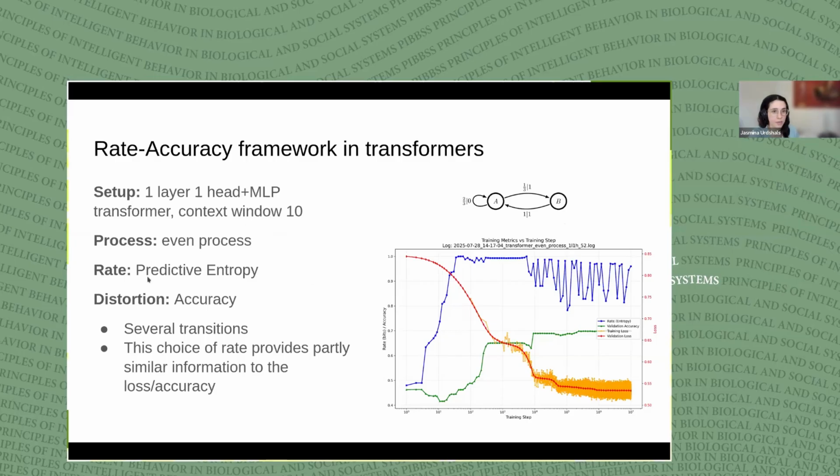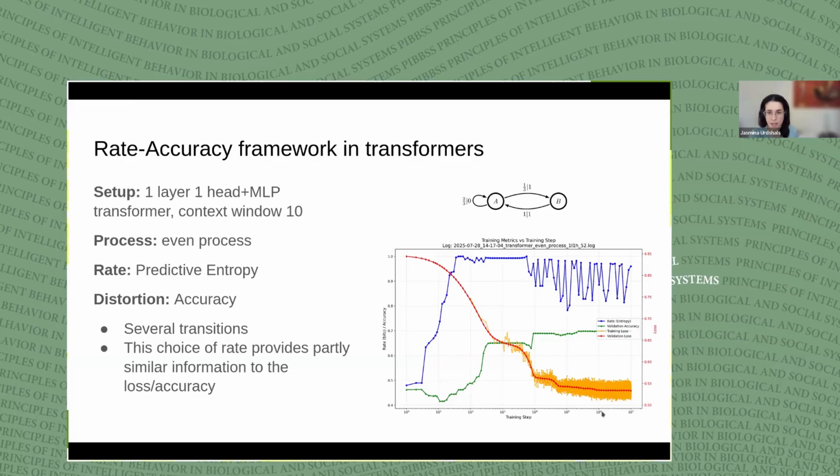I will not go into the detail of this unless there are any questions, but this does correspond to the mutual information between the transformer predictions and the HMM predictions, sorry. So you can see the results of the different metrics on the right-hand side here.